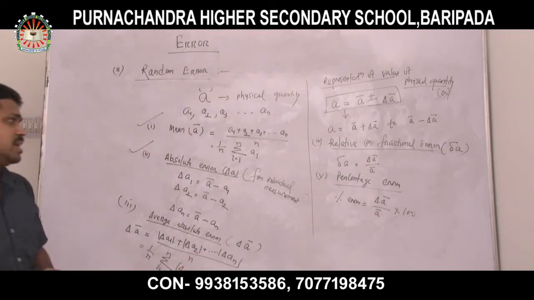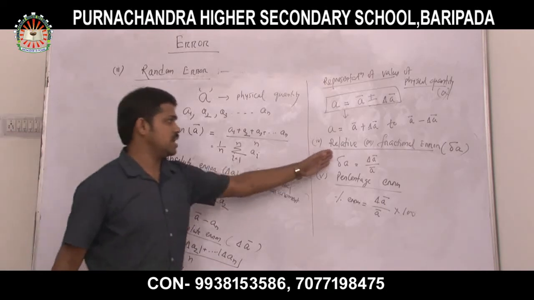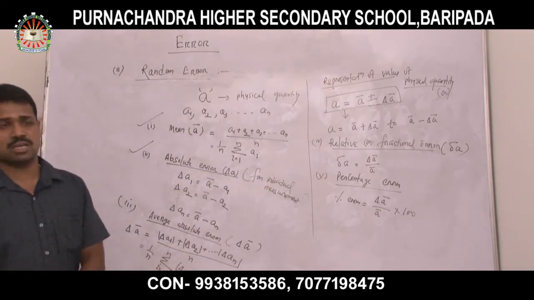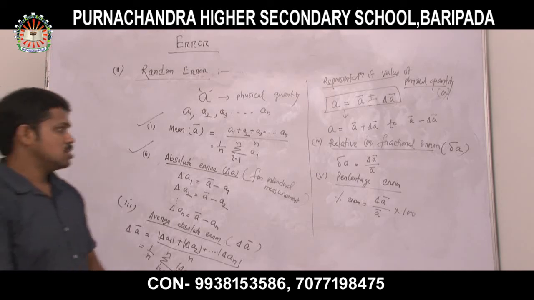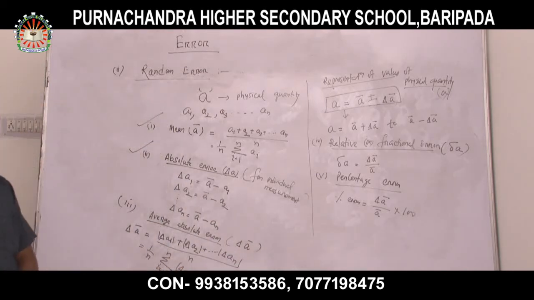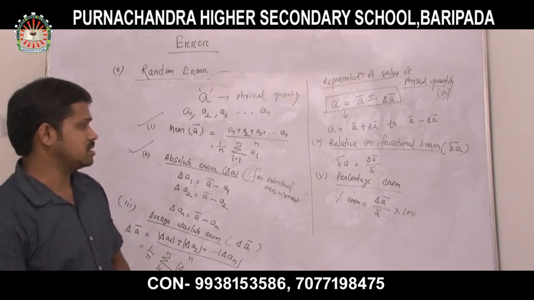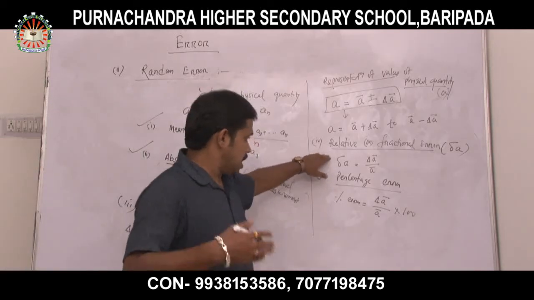Very simple. The percentage of this relative or fractional error gives me the percentage error. Understood? So percentage error is equal to del A bar divided by A bar into 100.